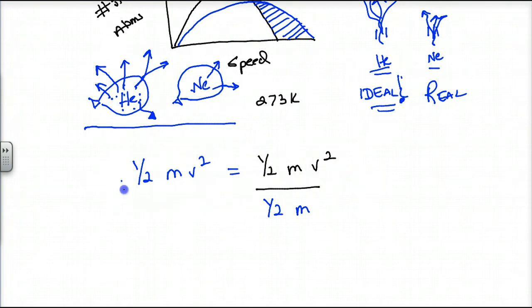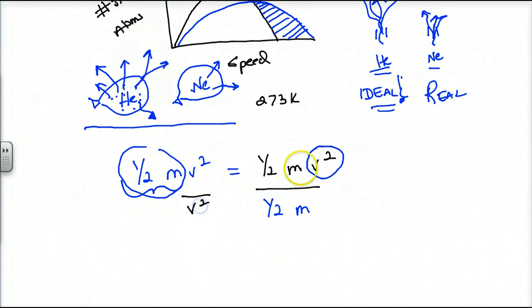So what I'm doing is I'm taking this component of kinetic energy and I'm solving for this blue v squared, and I'm going to put this in the bottom. Now I basically want to take this equation and see how one velocity compares to another. So I'm going to take this v squared over here, which is due to the neon, and I'm going to move it down here algebraically.